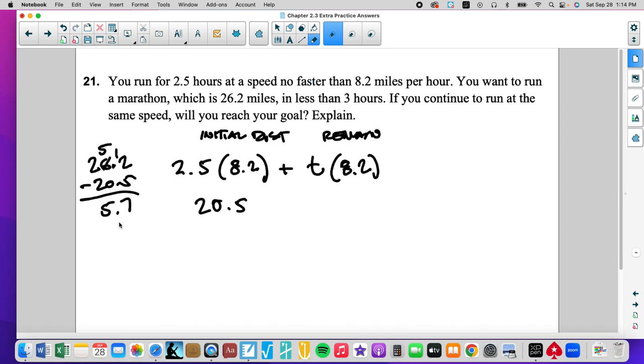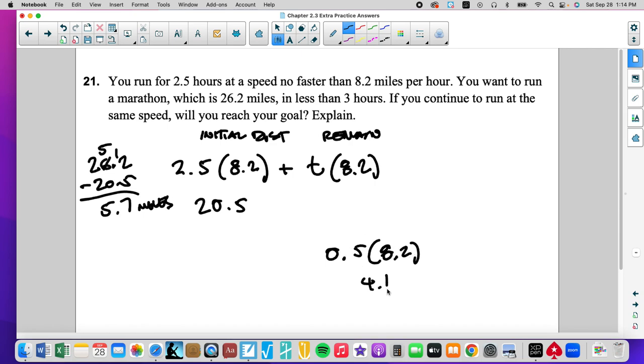So I have 5.7 miles left, and I have half an hour left. So if I only have half an hour left and I'm not running faster than 8.2 miles an hour, half of that is going to be 4.1. So the most I can run in that time is 4.1 miles, and I still have 5.7 left.